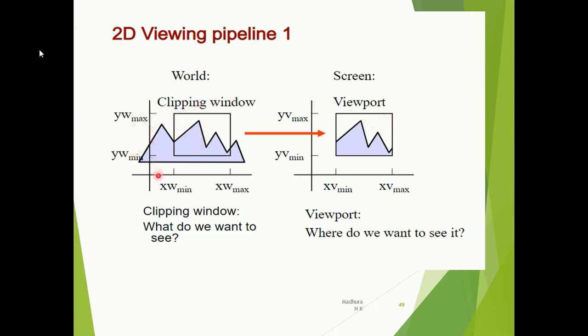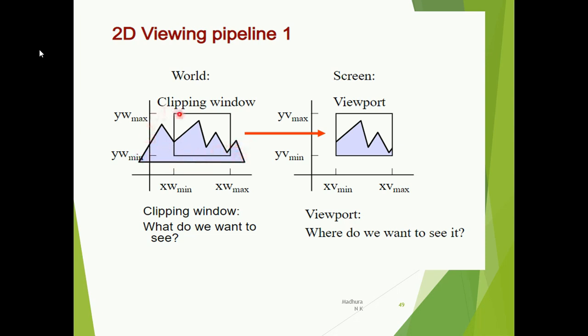Suppose you have a two-dimensional image, and this image is very big. Now you want to display a selected window, a selected two-dimensional scene, so that you clip off the other parts of the image which are outside this particular window.